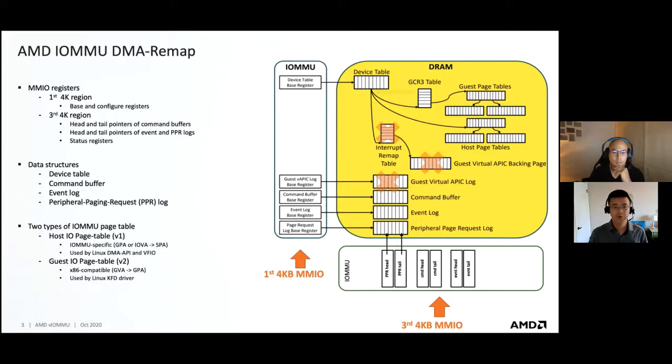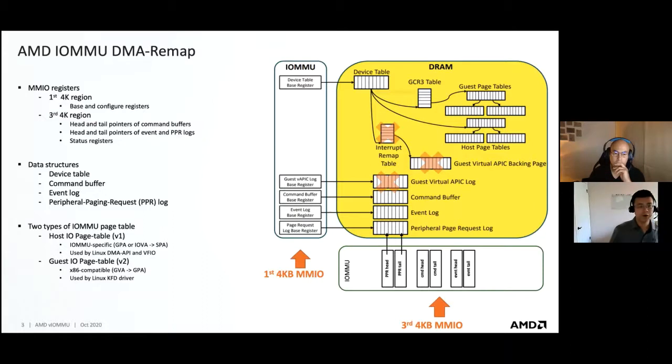The first 4KB contains, for example, base and config registers. Those registers point to the starting address of those data structures. And the second 4KB MMR region contains head and tail registers that point into those data structures, for example, the head and tail registers into the command buffer and PPR logs.